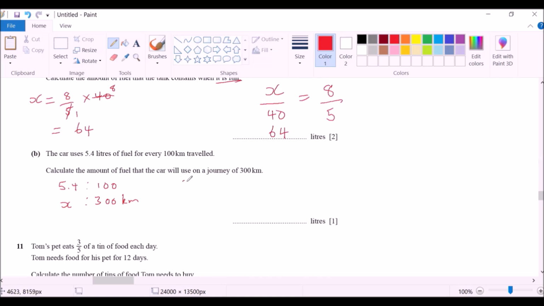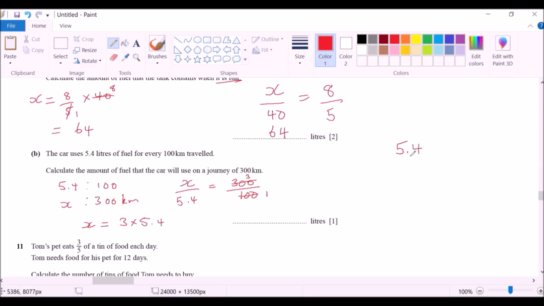So we can say x over 5.4 is equal to 300 over 100. 100 into 100, 1. 100 into 300, 3. So we now have x being equal to 3 times 5.4.